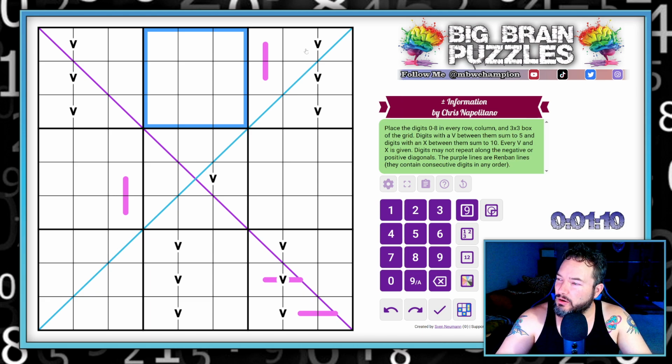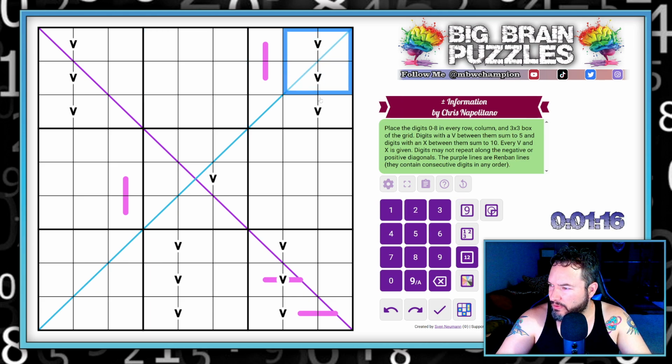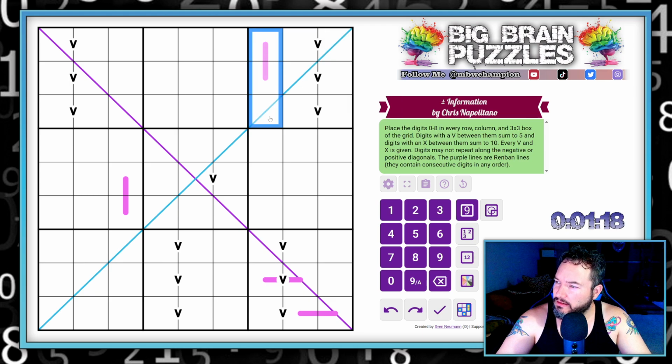All right. So we know that the V equals 5, right? So 5 plus 5 plus 5, that's 15. So 15 minus 36 is, let me see, 15 plus 6, 21. So 21. So what digits equal 21 here?